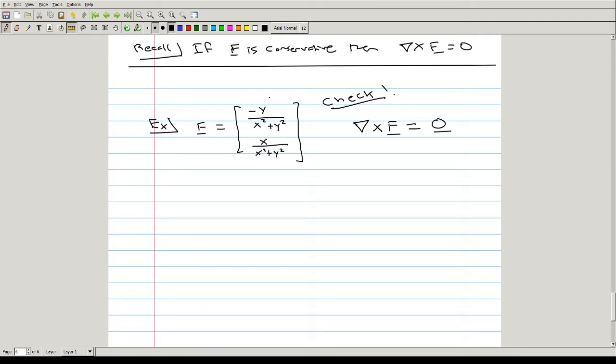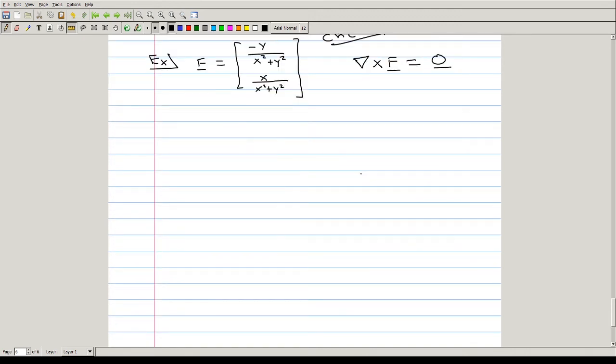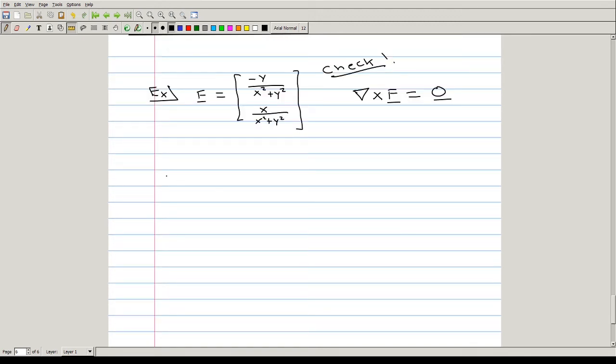And this is a great example of a field for which we have to be very, very careful, because the curl of this field is equal to 0. However, if we go through and look at the line integral, I can give you a hint of why things are not going to work out so nicely for this field.